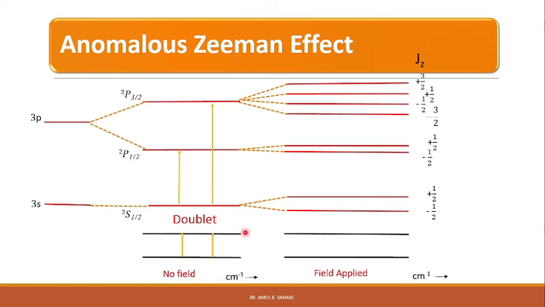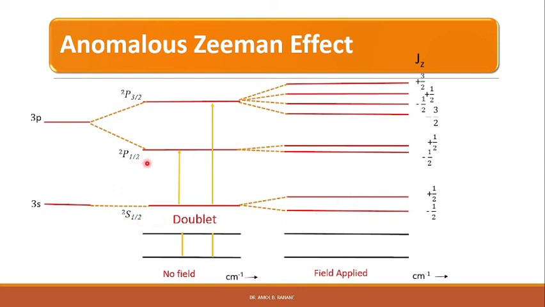But when an external magnetic field is applied, each level corresponding to the J value splits into several different levels. For J equal to half, we have JZ values of plus half and minus half, and therefore we get two energy levels for this doublet S half level.